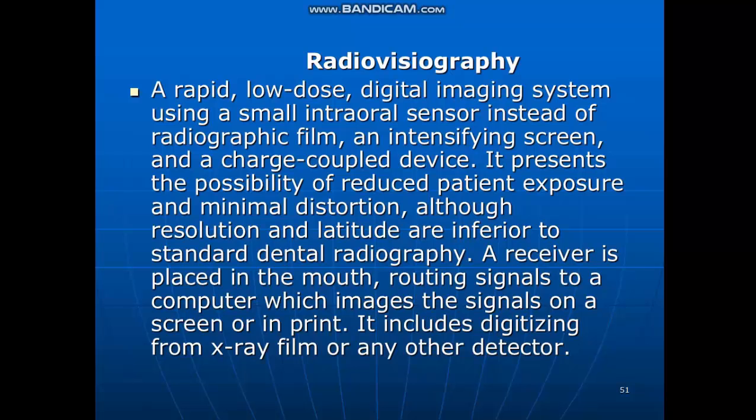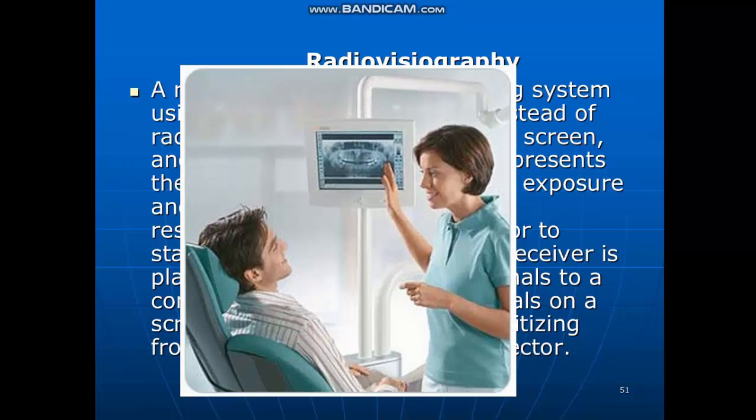One of these methods is radiovisiography. This method is a rapid, low-dose digital imaging system using a small intraoral sensor instead of radiographic film, an intensifying screen, and a charge-coupled device.